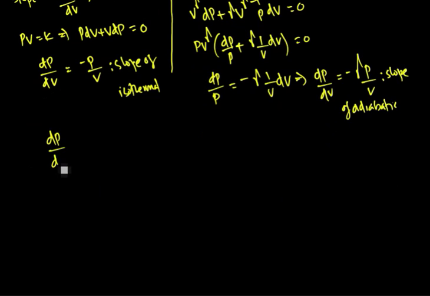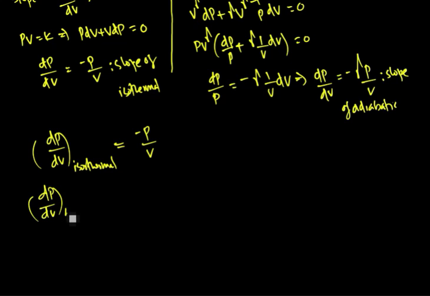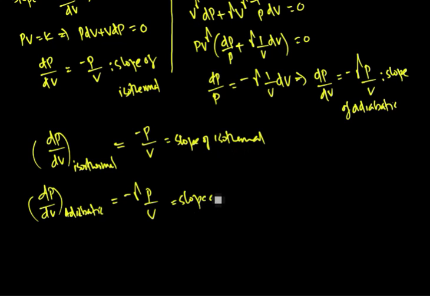So from these two equations we can say that dP by dV for the isothermal process is equal to minus P by V, and dP by dV for the adiabatic process is minus gamma times P by V. Here it is the slope of isothermal, and here it is the slope of adiabatic.